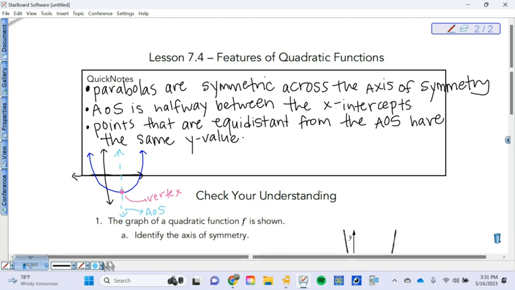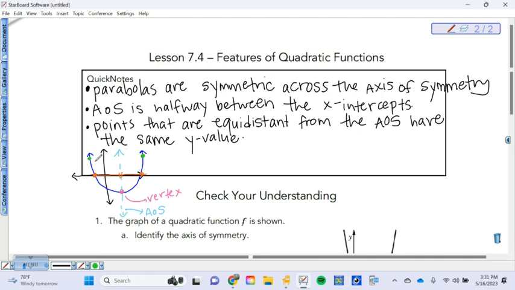And what we're discovering today is that, first of all, our x-intercepts are equidistant from the axis of symmetry. The axis of symmetry is right in between the x-intercepts, even though it doesn't really look like that on my picture. And also, any point on the parabola has a mirror point.